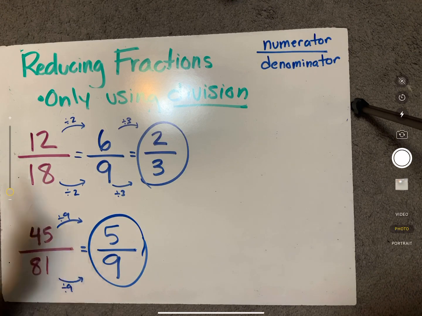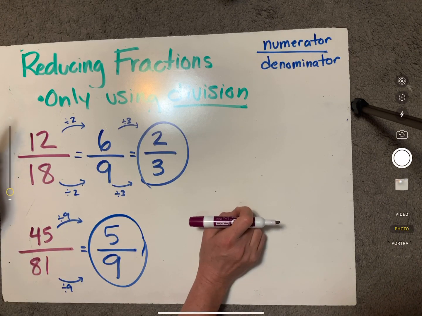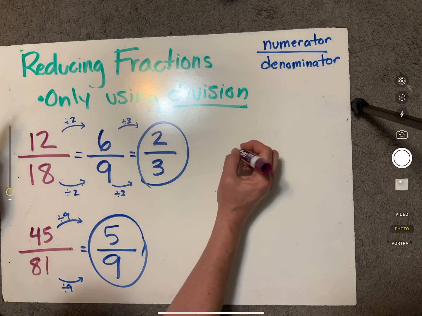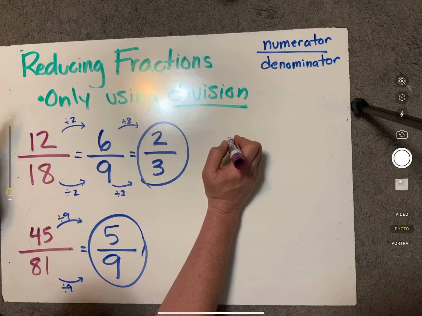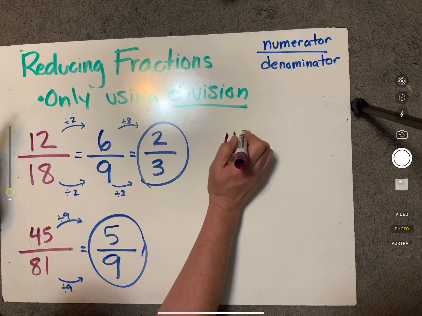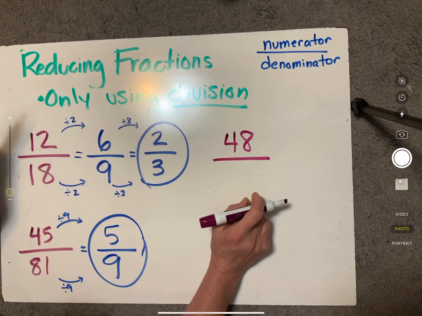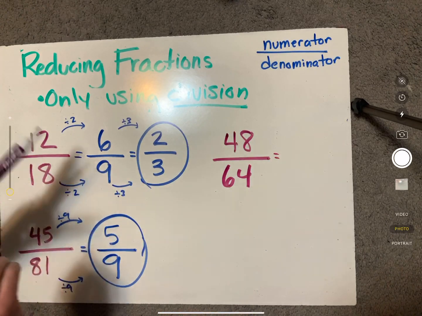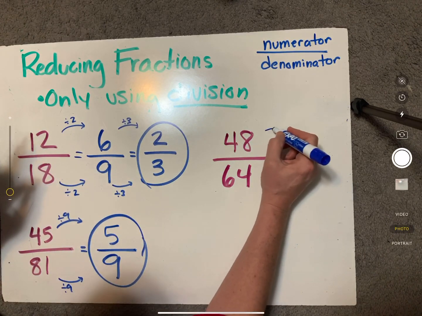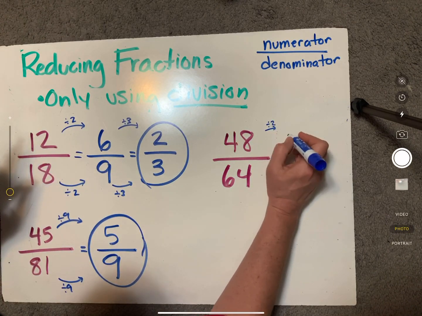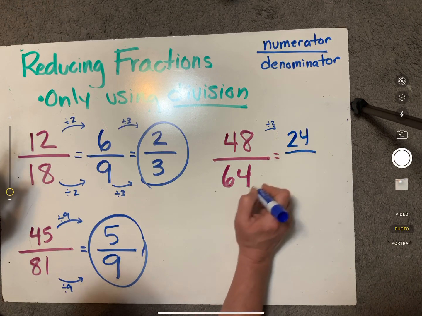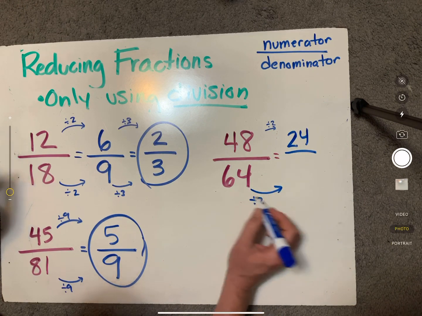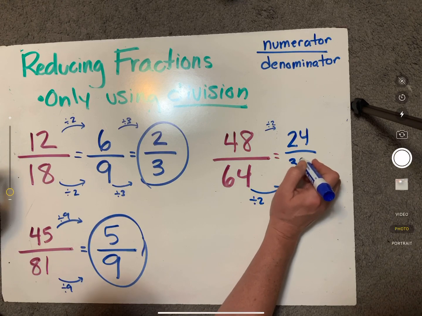Okay. Let's say we have, let's do 48/64. Okay, let's see. They're both even. So I would have 24 over, and this is even, so 32.